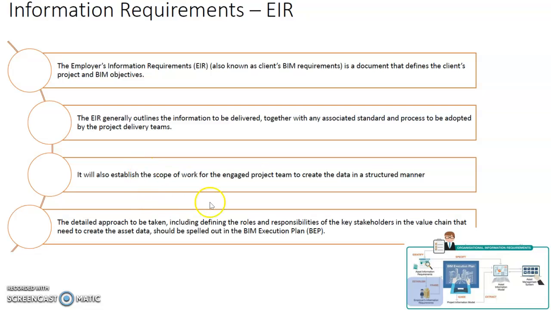It will also establish the scope for the engaged project team to create the data in a structured manner. The detailed approach to be taken, including defining the roles and responsibilities of the key stakeholders in the project delivery chain who need to create the asset data, should be spelled out properly in the BIM execution plan next.